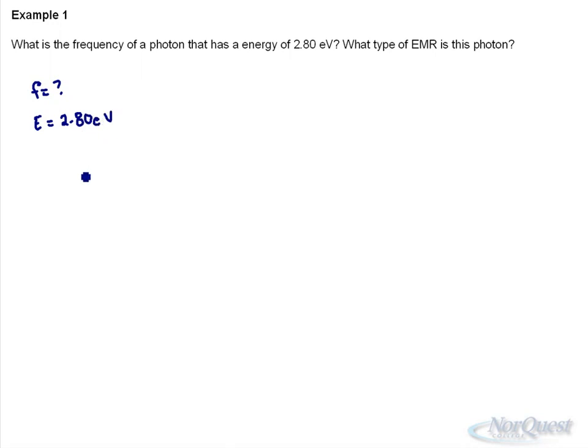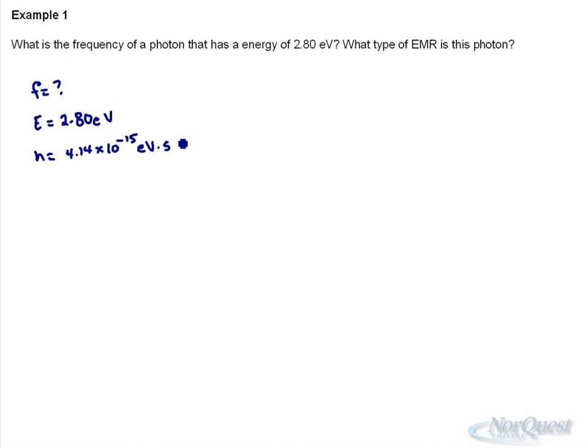Since the energy is in electron volts, I can get Planck's constant off my data sheet in electron volts: 4.14 times 10 to the negative 15 electron volt seconds. So if your energy is in electron volts, get Planck's constant in electron volts. Don't mix and match the units. You will never get the right answer.